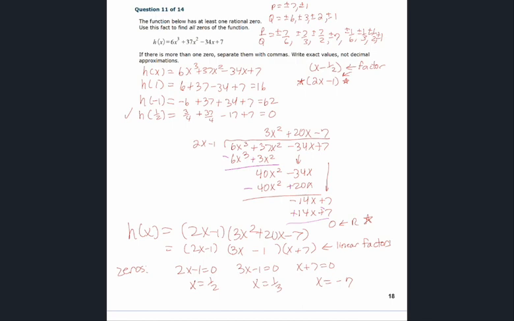They want exact values. So you can't put 0.333. You have to have 1/3. So that's why that factorization can be so important. Now, if you recognize that 0.333 is 1/3, go for it. But that's what they want. They want the zeros separated by commas with exact values, no decimals. So you would put into Alex 1/2 comma, 1/3 comma, negative 7.